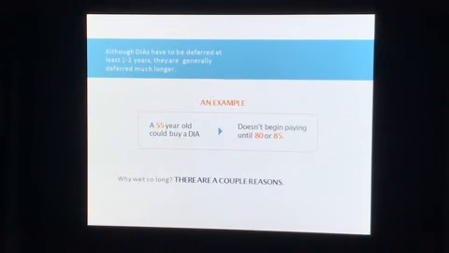In this example, a 55 year old man decides to buy a DIA, and it doesn't begin paying until 80 or 85. This will be the condition. So in this case, the annuity is deferred around 25 years. This is much longer, but this is possible.